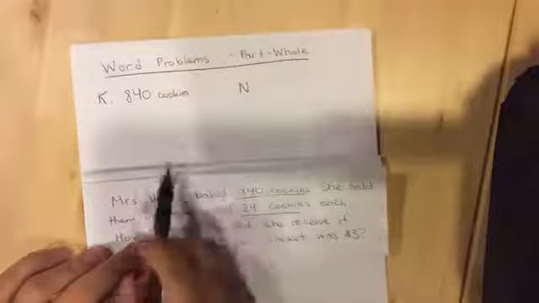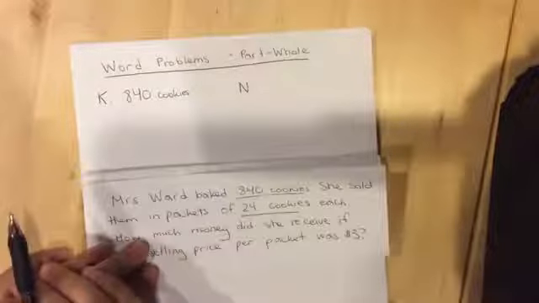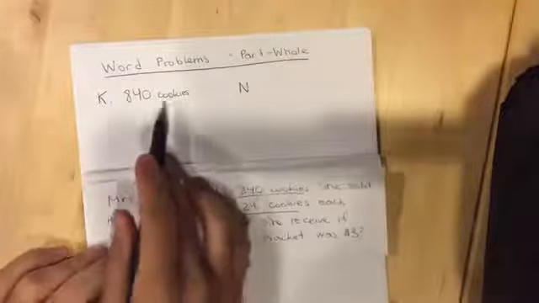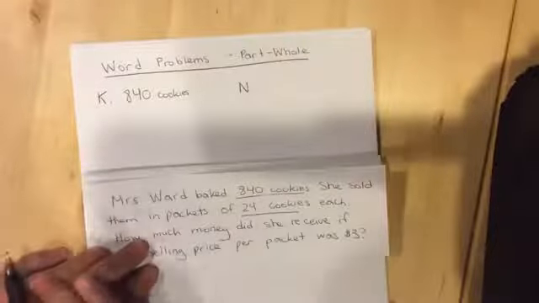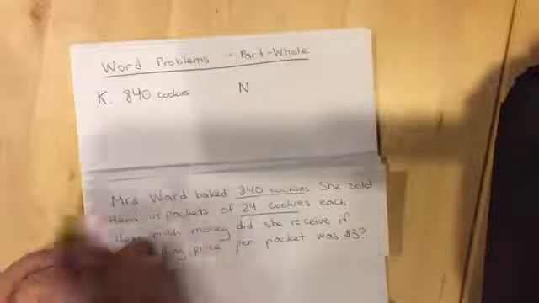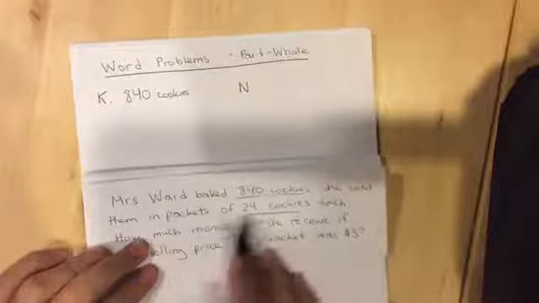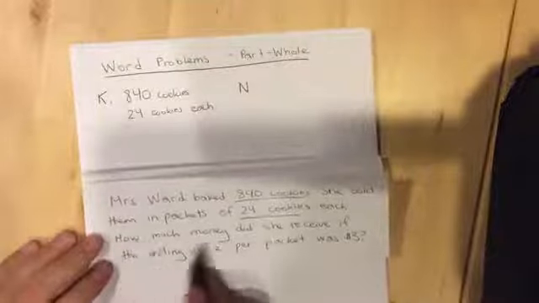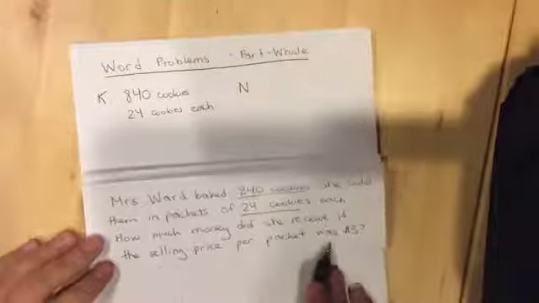It isn't always important to write what unit we used because we don't want to write too much of the information, just the basic facts. But in this case, we'll write it. She sold them in packets of 24 cookies each. So we can write 24 cookies each. How much money did she receive if the selling price per packet was $3?